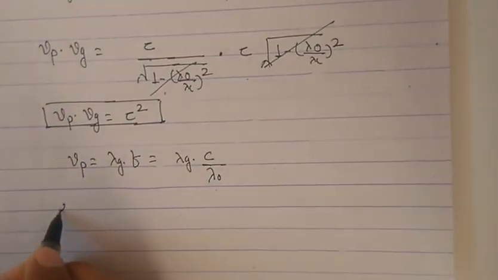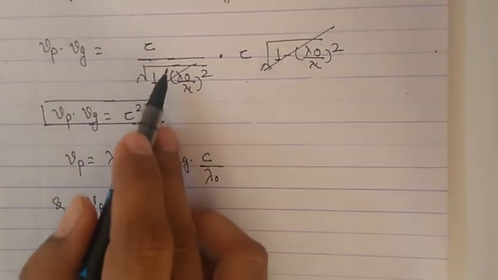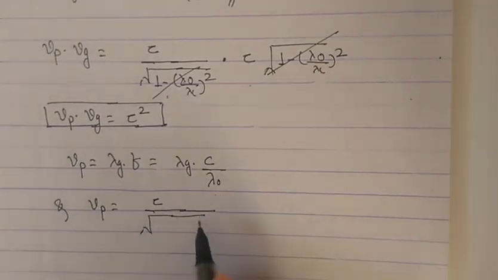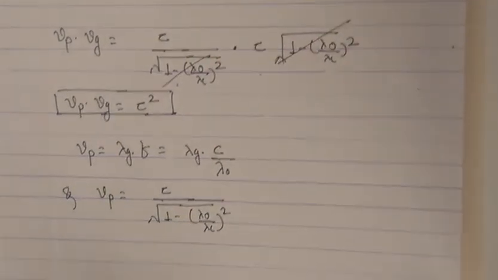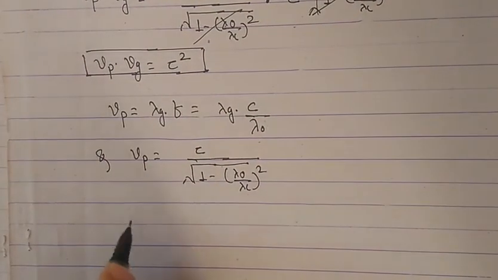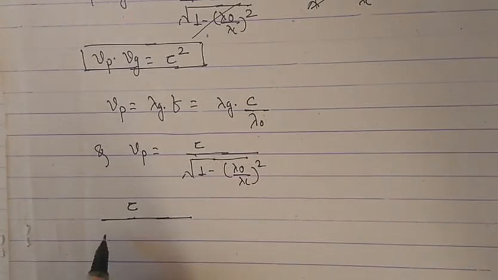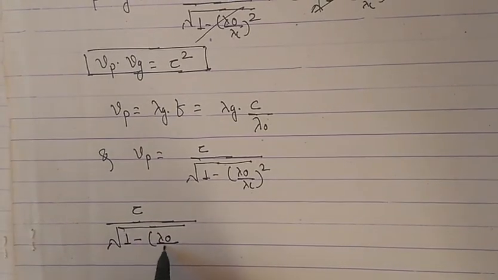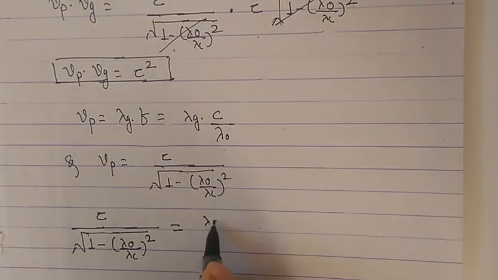And the phase velocity you also derived as c upon under root of 1 minus lambda 0 by lambda c bracket square. So equate these two expressions of phase velocity. Equating both, one can write c over under root of 1 minus lambda 0 by lambda c square is equal to c times lambda g by lambda 0.